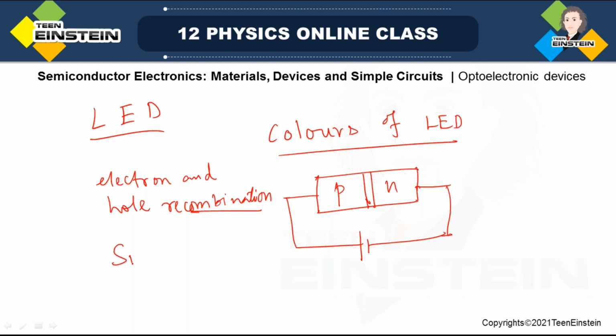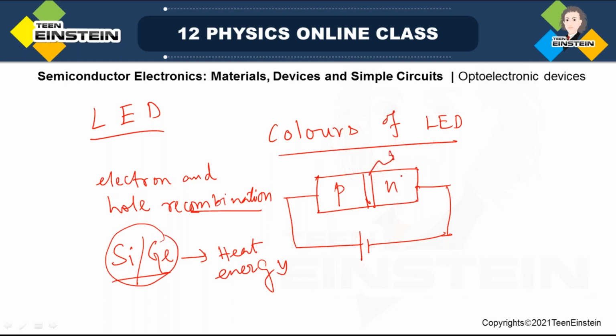If you just take simple silicon or germanium, recombination also happens in this case, and the energy manifests as heat energy and increases the temperature of the silicon or germanium diode. So it depends on which will act as LED and emit light in the visible range.